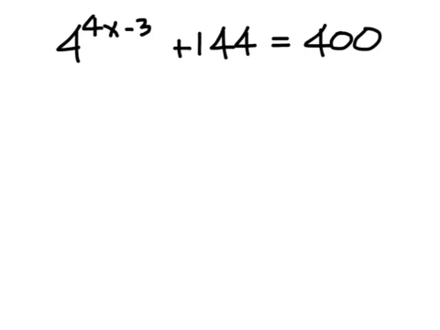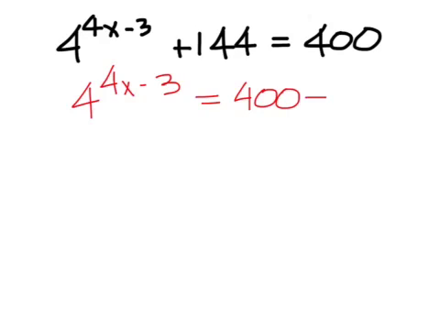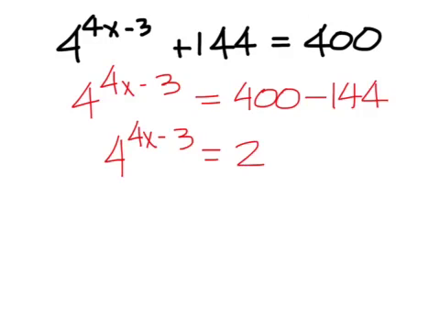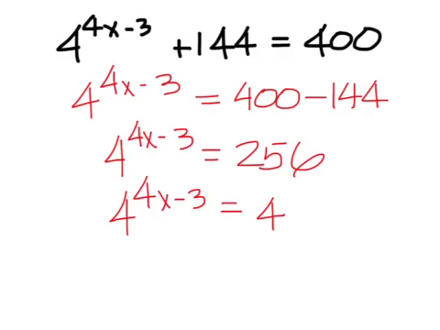Okay, on this problem we're going to leave 4 to the 4x minus 3 where it's at and move the 144 to the right, change the sign. Simplify on the right to get 256, and if you remember, 256 is a power of 4. So if you want to change the base, you can make the right side 4 to the 4th power.